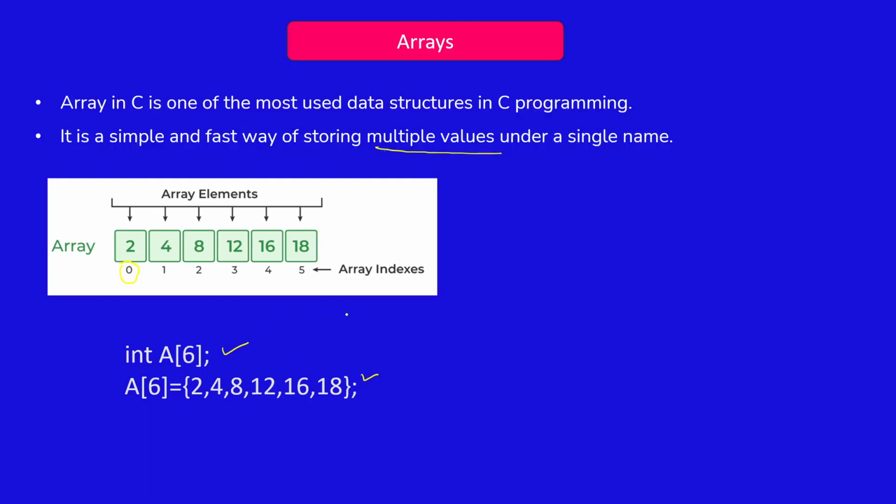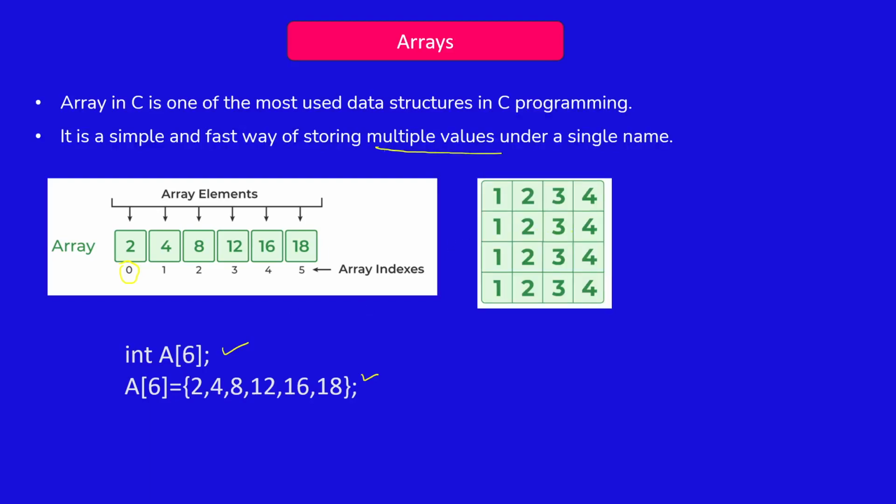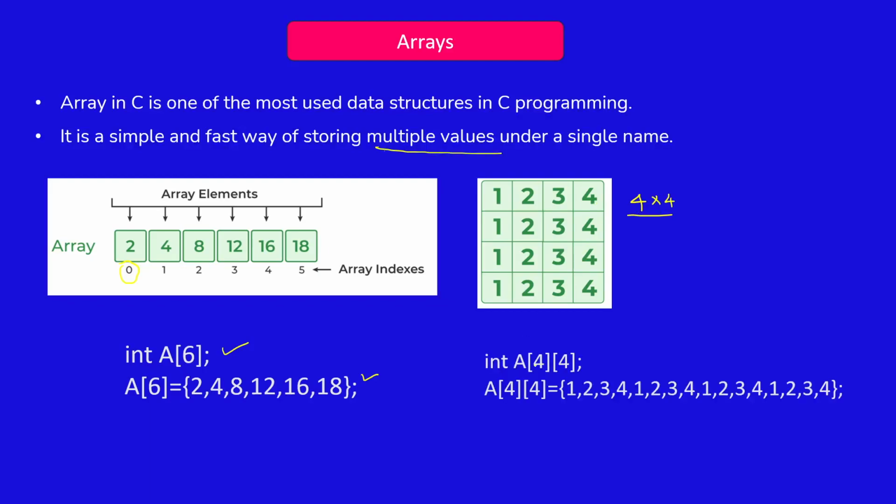Suppose you have a two-dimensional array like this 4 cross 4 matrix, 4 rows, 4 columns. Then you can initialize the array using int a of 4, 4. Here 4 represents the number of rows, another 4 represents the number of columns. a of 4, 4 equal to, again open curly bracket.